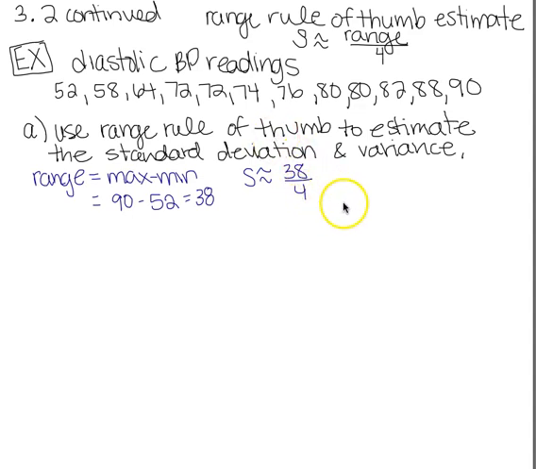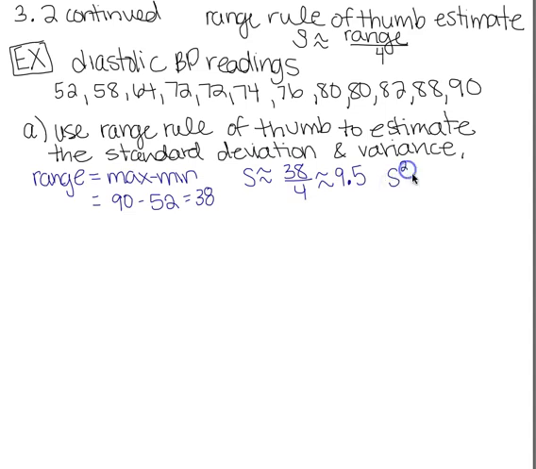Our rounding rule for the standard deviation and for the variance is that we round to 1 decimal place further than the original data. So this comes out as 9.5, which is 1 decimal place further, so that's pretty good. We're going to leave it just like that. So our estimated sample standard deviation is 9.5.